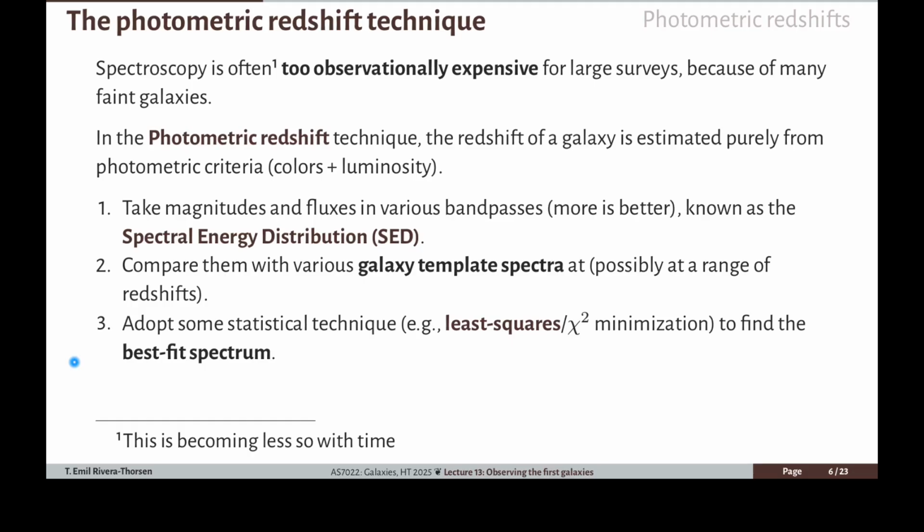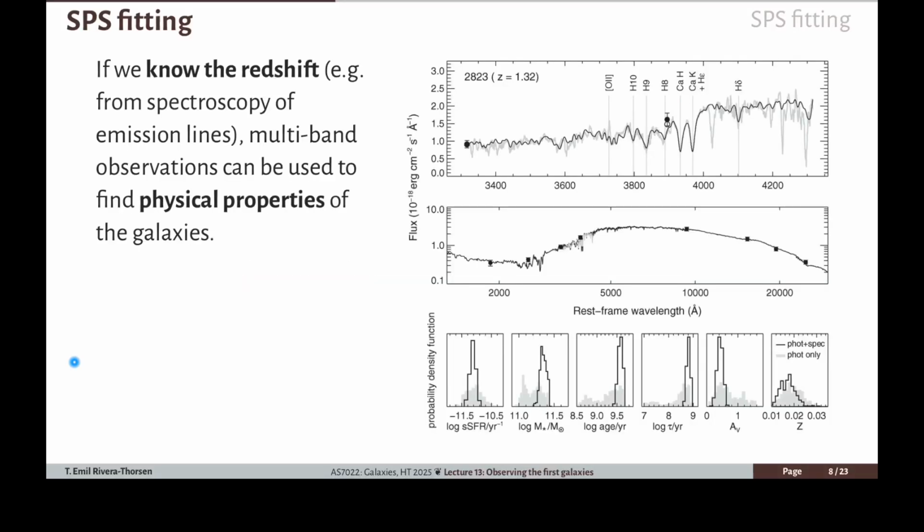That is, in a nutshell, what SED fitting is. And one such technique, the most popular way of doing this, is what we call SPS fitting. That means stellar population synthesis fitting. And that is basically one model of generating these template spectra that you use for SED fitting.